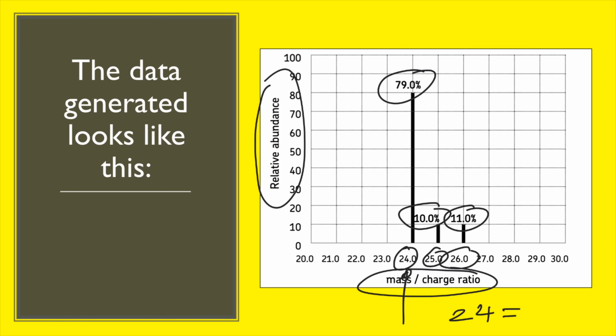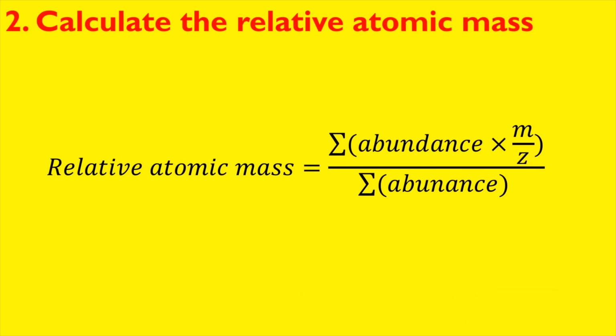Because that is the mass divided by the charge, if the charge is +2 instead of +1, it will give a peak at 12. So a peak that's half of the most abundant isotope will usually be due to a +2 ion. Do watch out for that, they do ask that question quite a lot.